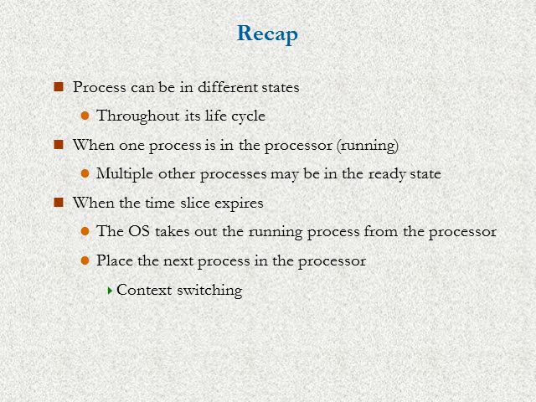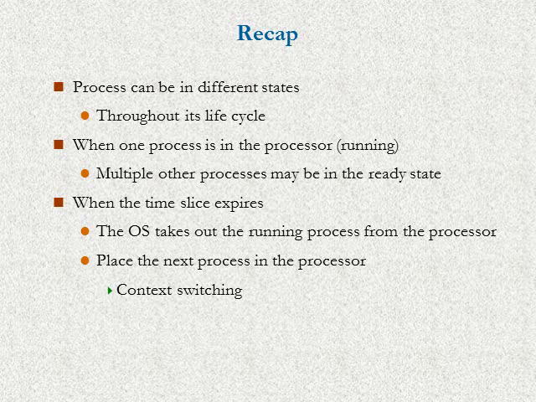When this time slice expires, the operating system takes out the running process from the processor and puts it into the ready queue. In the ready queue, we have multiple processes which are ready to get executed in the processor, and the operating system selects one of those processes and passes it on to the processor for execution. This selection is based on a particular criteria that we will talk about after a while.